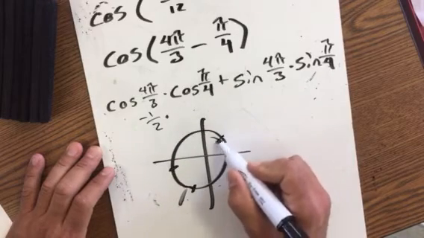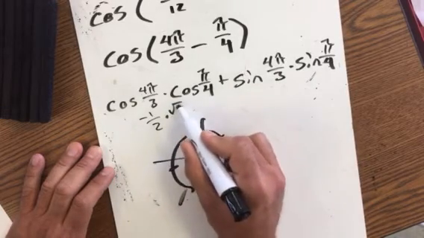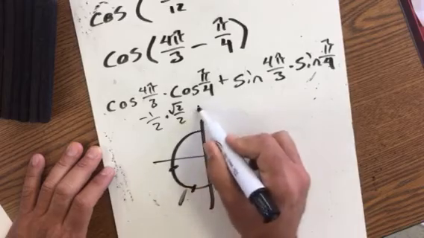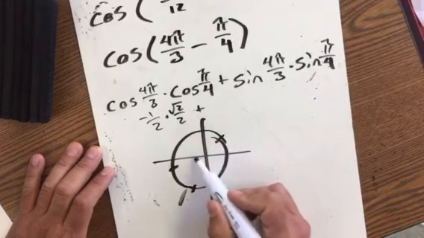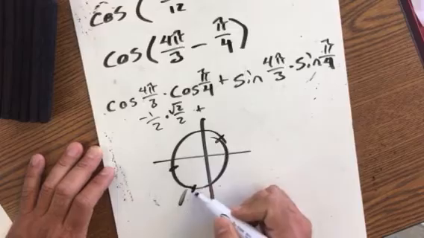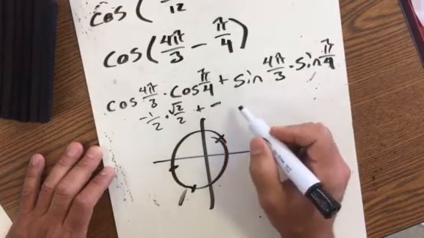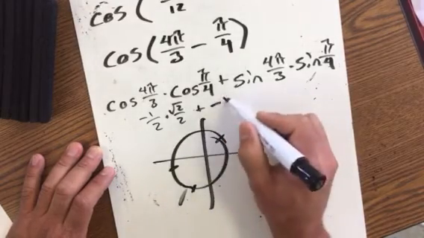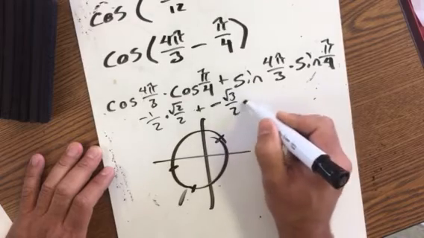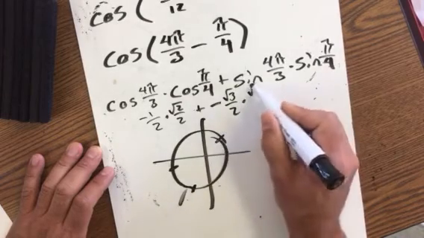Cosine of pi over 4 is going to be square root of 2 over 2. Plus sine of 4 pi over 3 is going to be negative square root of 3 over 2 times sine of pi over 4 is square root of 2 over 2.